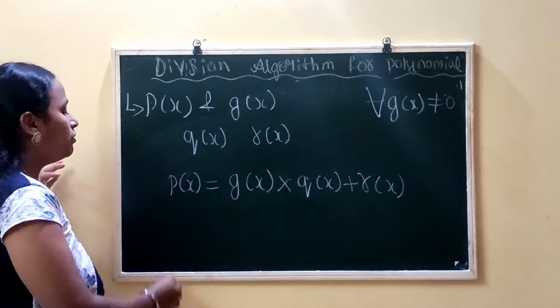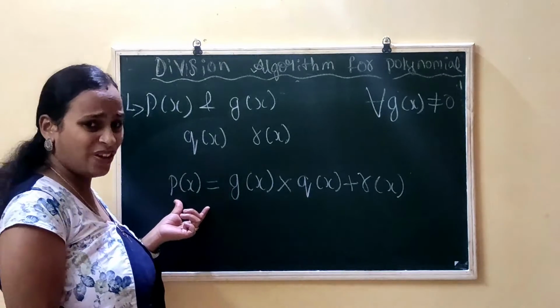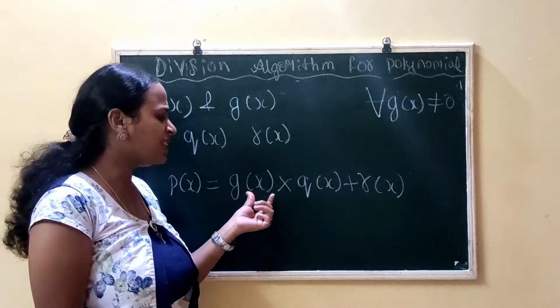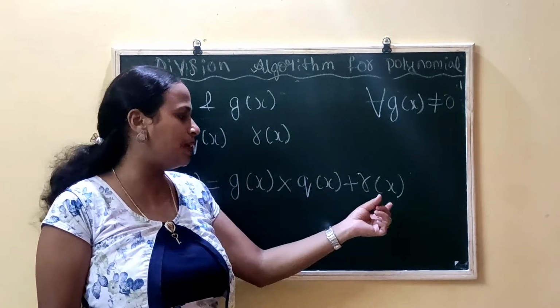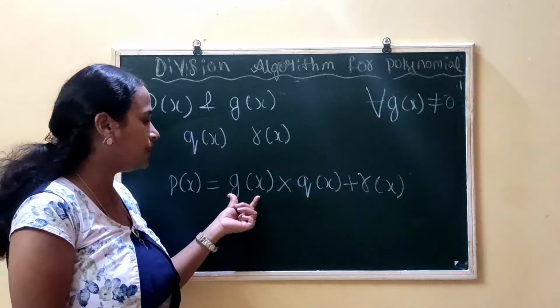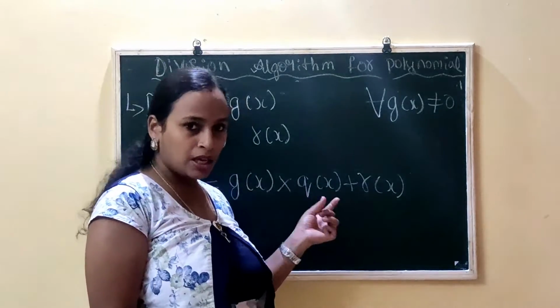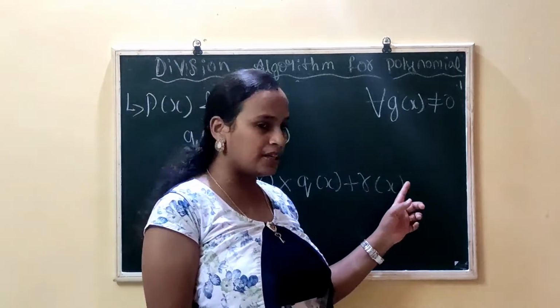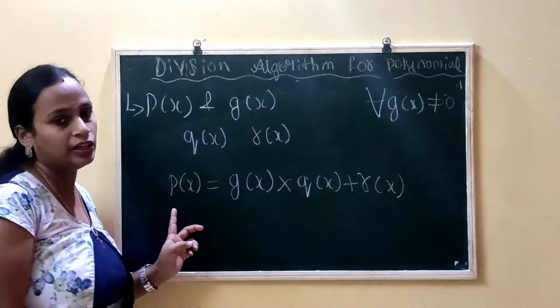So we have a relationship, that is p of x is equal to g of x into q of x plus r of x. That is, if you multiply the divisor with the quotient and add the result to the remainder, then you will get the dividend.